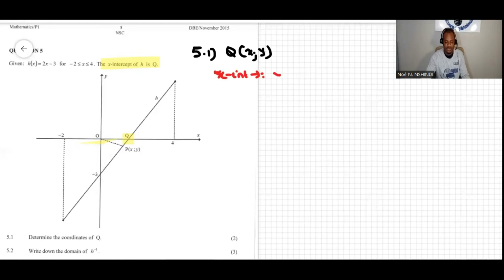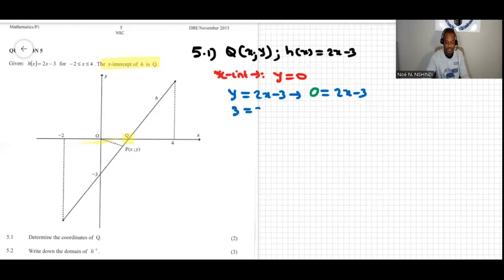X-intercept means y equal to 0, and h of x was given as 2x minus 3. Now we substitute y by 0 because y is given by 2x minus 3. So 0 equals 2x minus 3. If I move the 3 over, we have 3 equal to 2x.